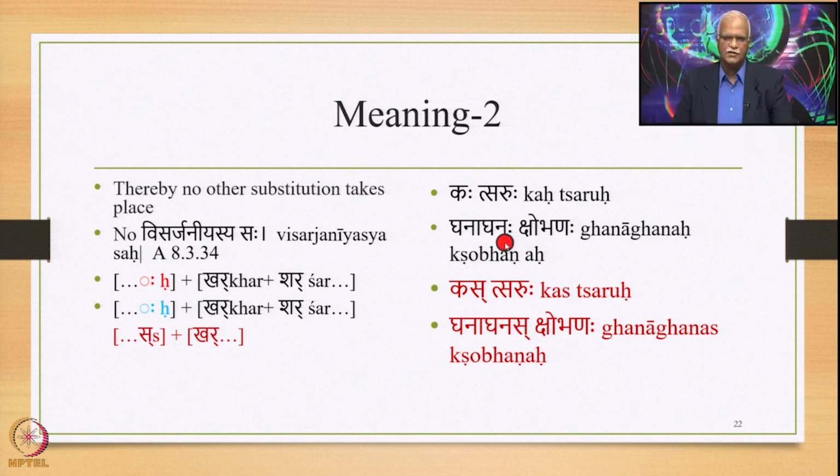So this Visarga is not substituted by sa, or in this case by the Jivhamuliya as stated by the sutra Kupokah Paucha. So in this case, kas saruhu or ghana ghanas kshobhanaha, this is invalid, this is not correct. Even the other option ghana ghana kshobhanaha, this is also not correct according to the Paninian rules.